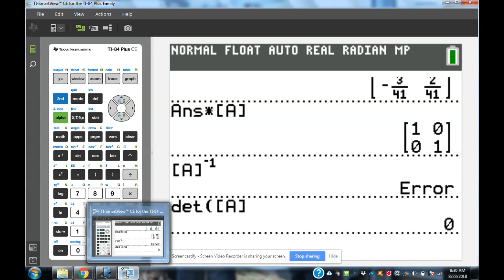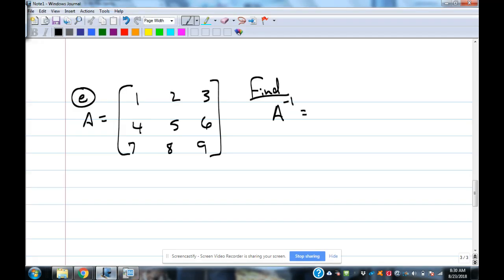I stumble across some good things every now and then, but most of the things I do on purpose. Isn't that cool how that matrix works? Just the first 9 integers, if you put them in a matrix in order like that, the inverse does not exist. Determinant of A equals 0. It can't be done.